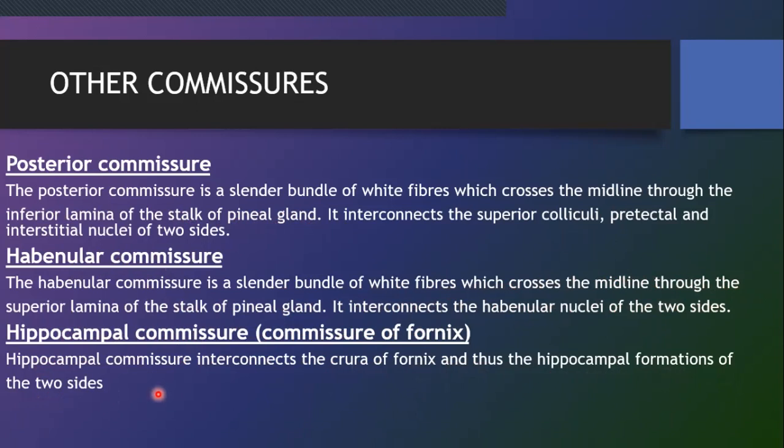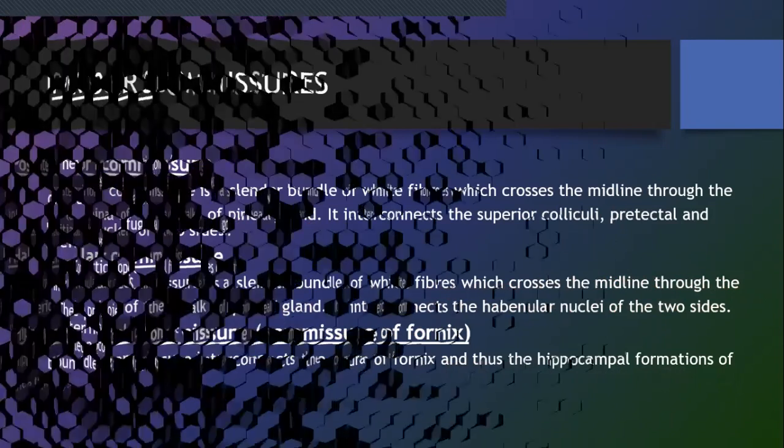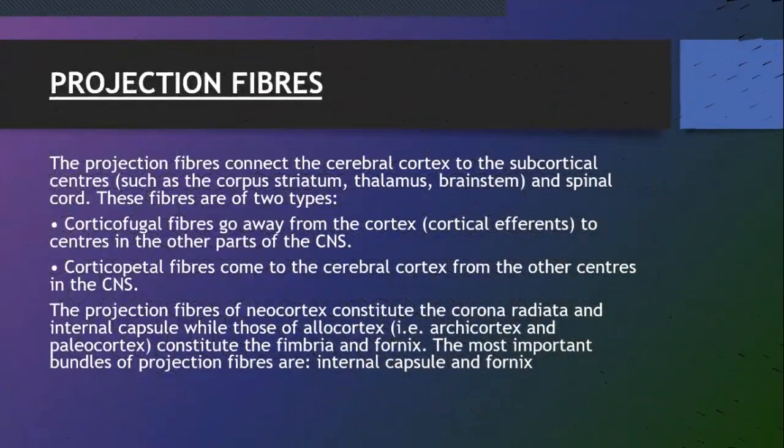Okay, now we are done with commissural fibers. Now let's look at projection fibers. Now these projection fibers connect the cerebral cortex to the subcortical centers. Subcortical centers refers to the corpus striatum, parts of the basal ganglia, thalamus, brainstem, and the spinal cord.